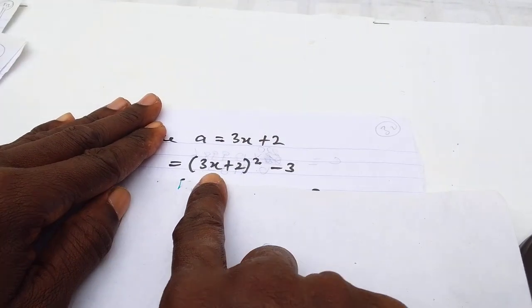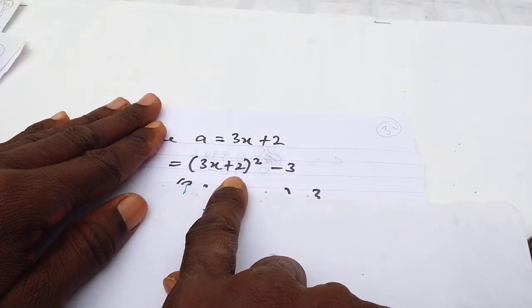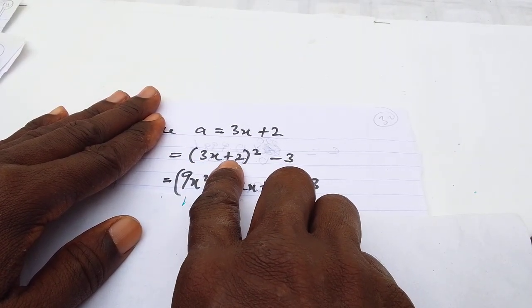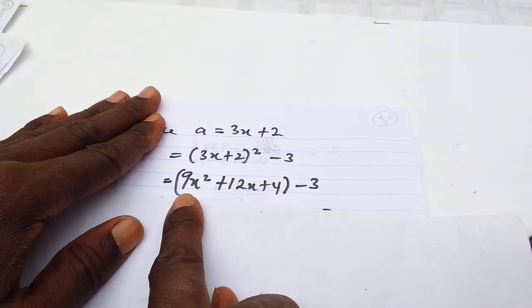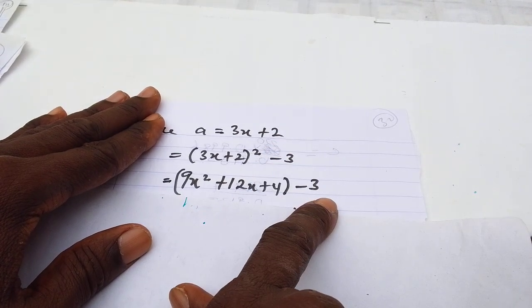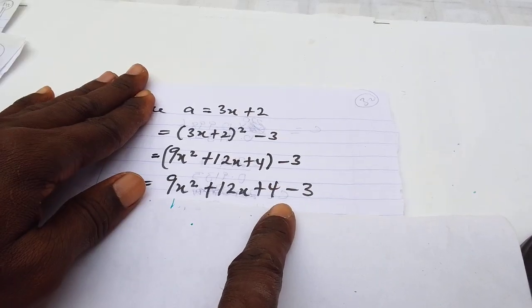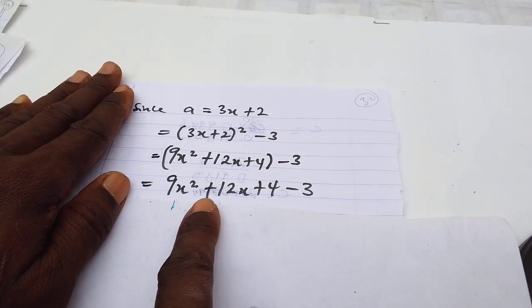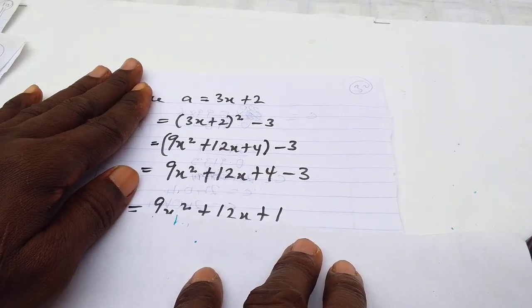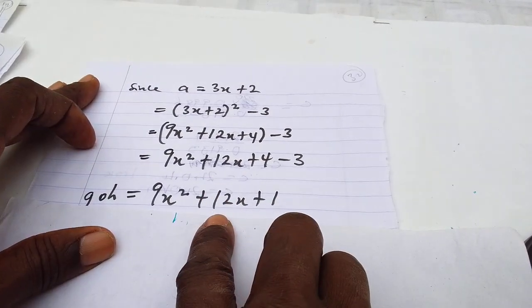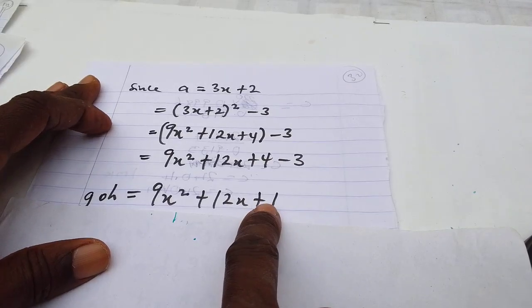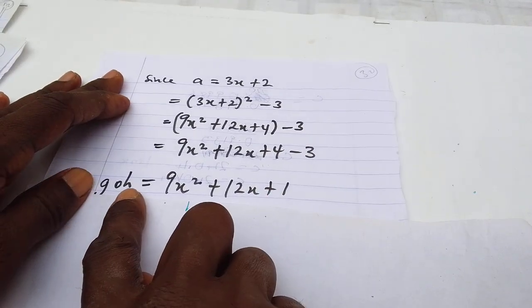So you need to expand 3x plus 2 squared: 3x plus 2 times 3x plus 2 will give us 9x squared plus 12x plus 4, then minus 3. Let's open the bracket. You're having 9x squared plus 12x plus 4 minus 3. So 4 minus 3 is plus 1. This is for goh.